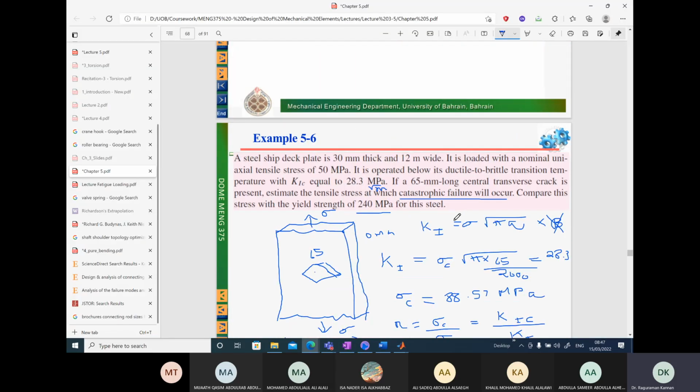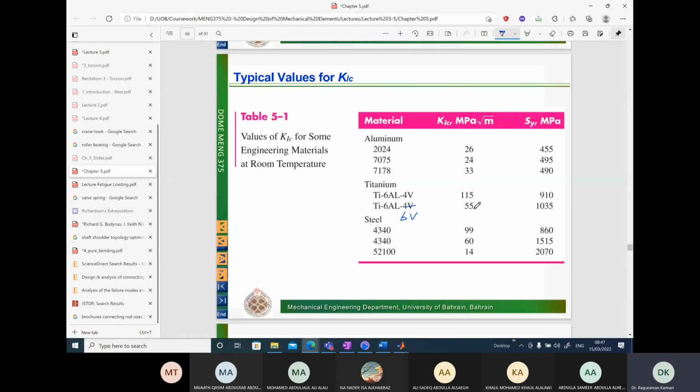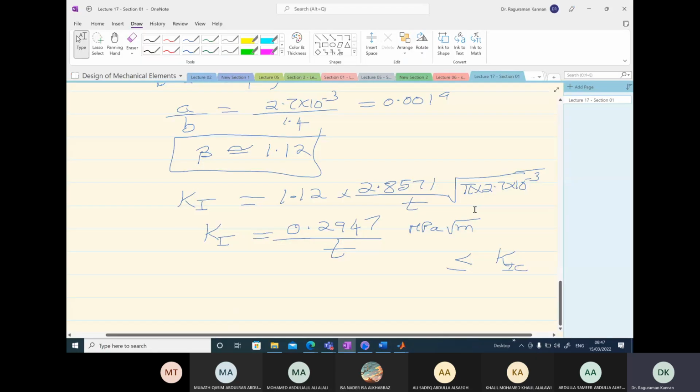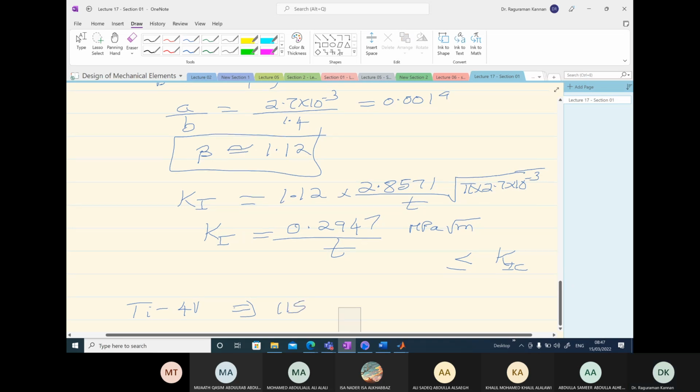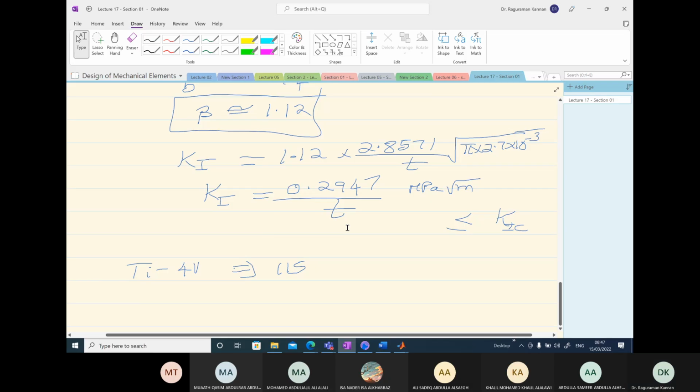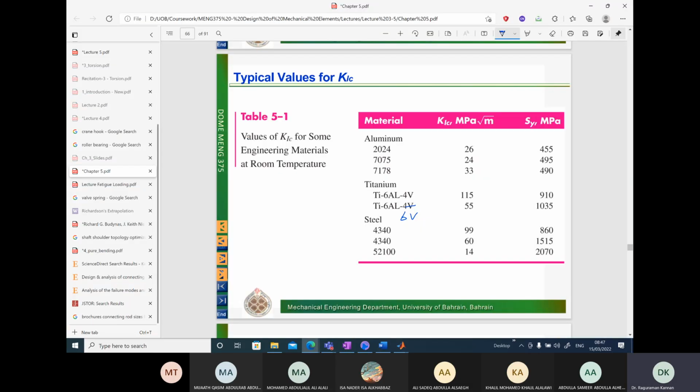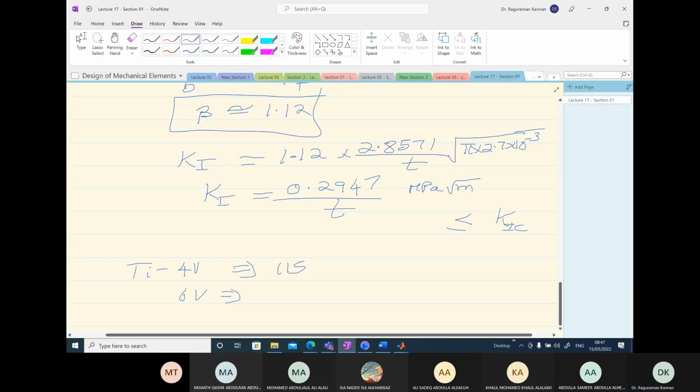Go back to the table. We'll find the value. For, I'm going to just write titanium 4V, the value of K IC is 115. And for 6V it is, in megapascal root meter. These are the K IC values.